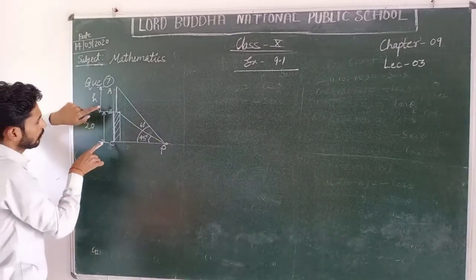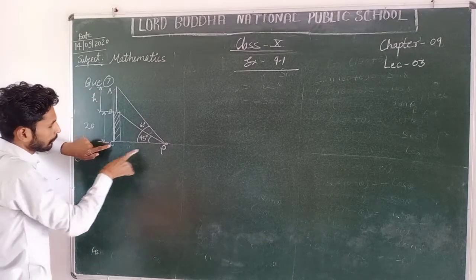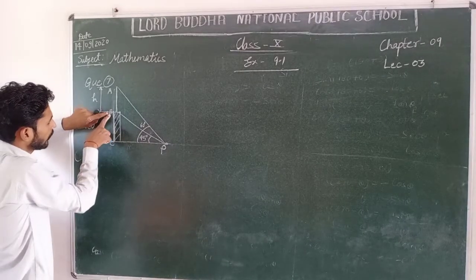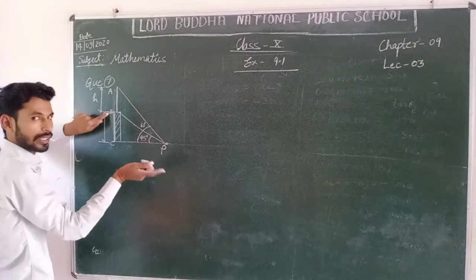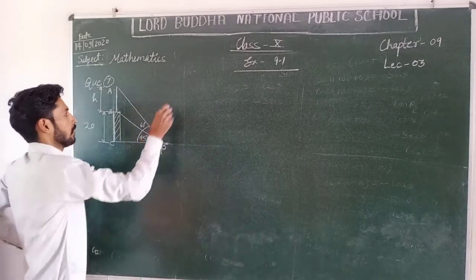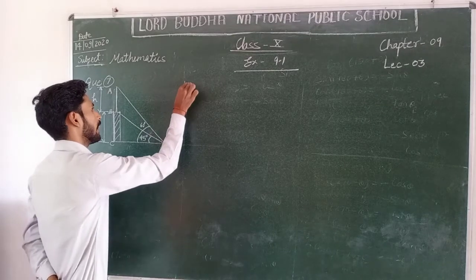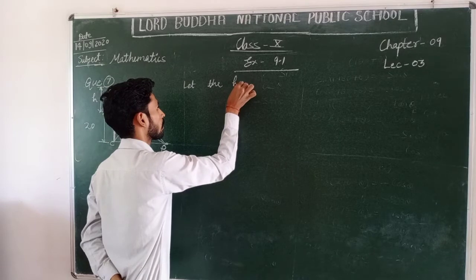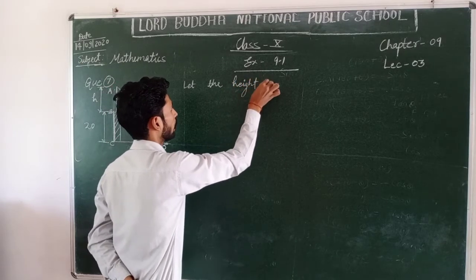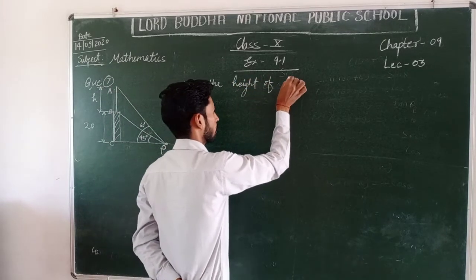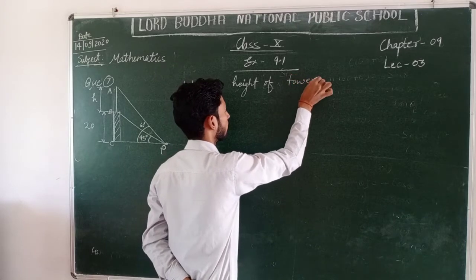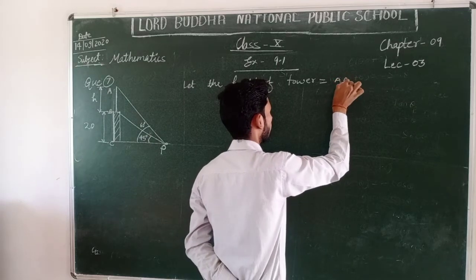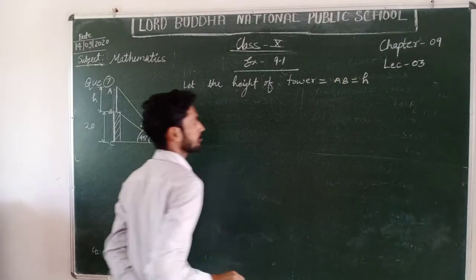There is triangle ACP, that is a right angle triangle, and also BCP is another triangle. So let the height of the tower equal AB, that is equal to h.